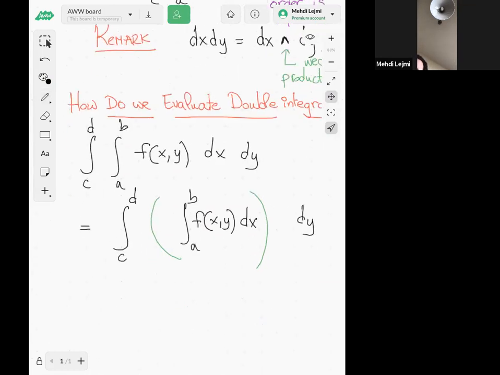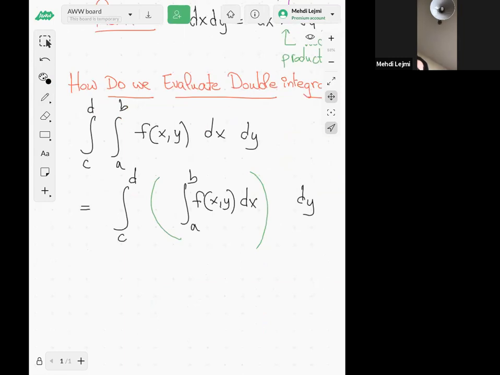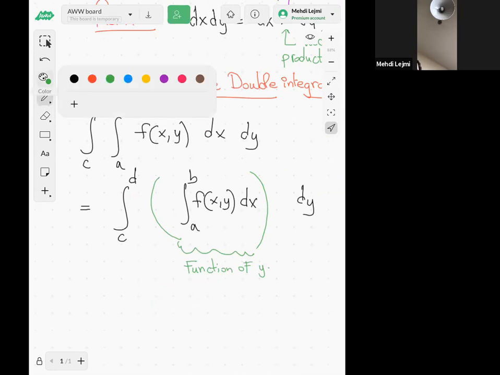So what we do is we integrate with respect to x, assuming y to be a constant. So this is a function of y. First, we integrate with respect to x, assuming y to be constant.